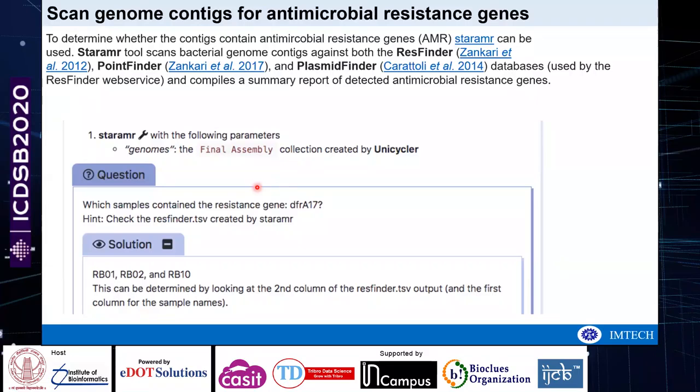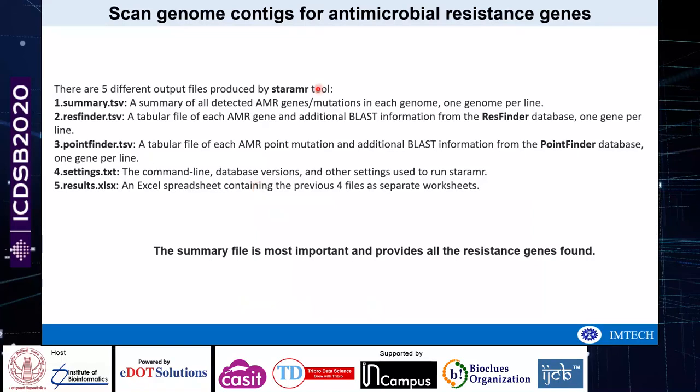So basically we have run this, and after these steps it generates 5 different output files. The summary.tsv file is a summary of all detected AMR genes or mutations in each genome, one genome per line.